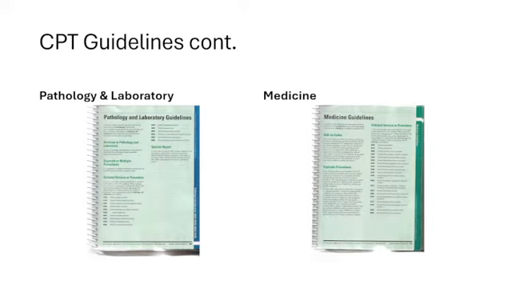They even go on and say pathology and laboratory guidelines, as well as medicine guidelines. Guys, these are the 6 sections of CPT, and at the beginning of each of these sections are these green pages that say guidelines.